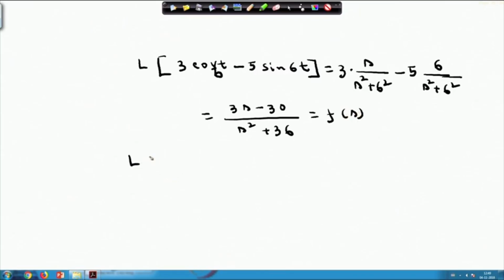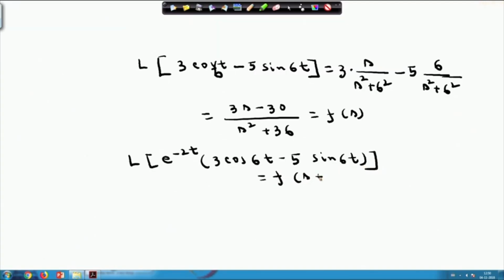Therefore, Laplace transform of e power minus 2t into (3 cos 6t minus 5 sin 6t), again I will use the earlier property, is nothing but f of s plus 2.